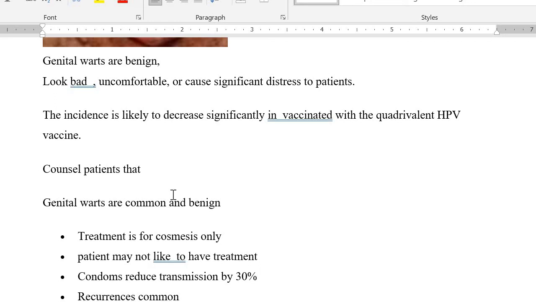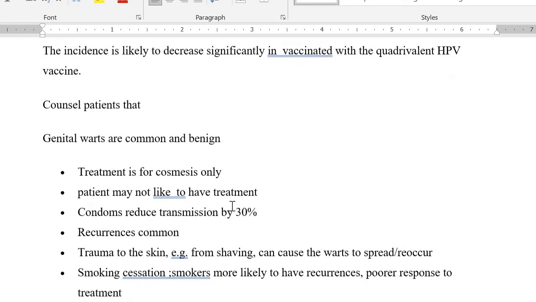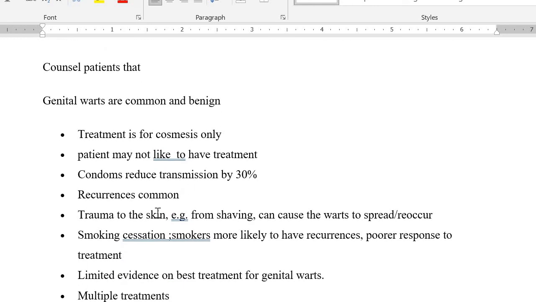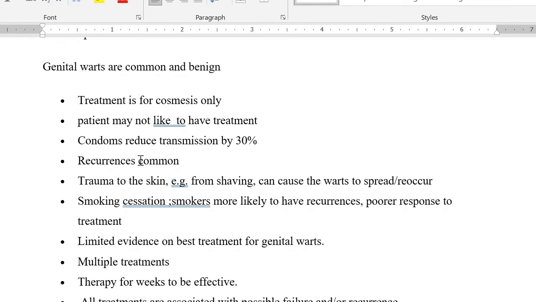Genital warts are common and benign, and we need treatment only for cosmesis, or the patient may not like to have any treatment. If they use barrier methods like condoms, it may reduce the risk by 30% because the virus can pass through the plastic sheets. That is the problem. Recurrence is common.